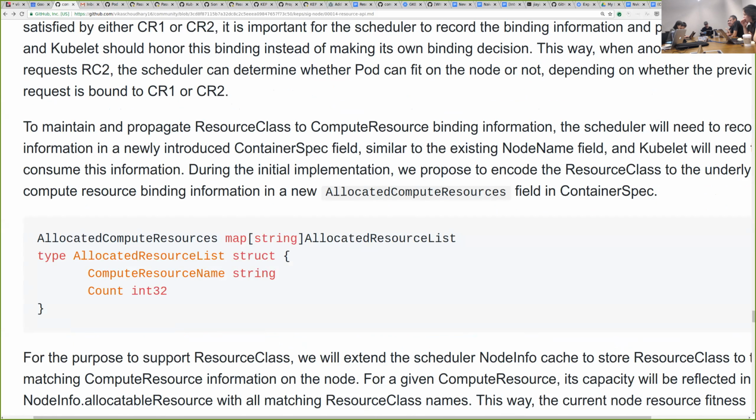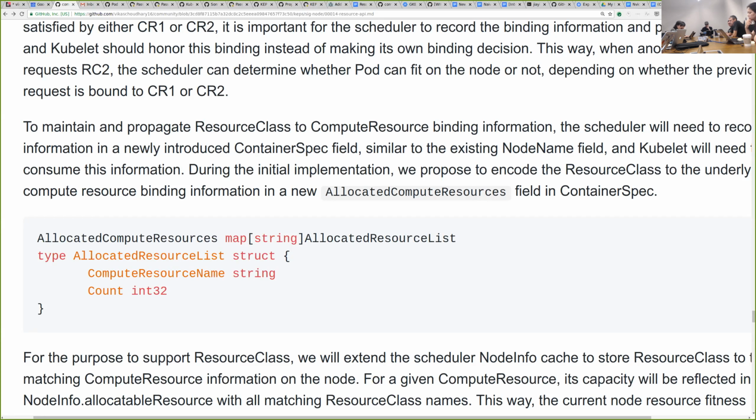We call it allocated resource list. We also use a map here, but we may want to change it to a structure anyway. It maps from the resource class name to allocated resource list, and allocated resource list is compute resource name plus count.